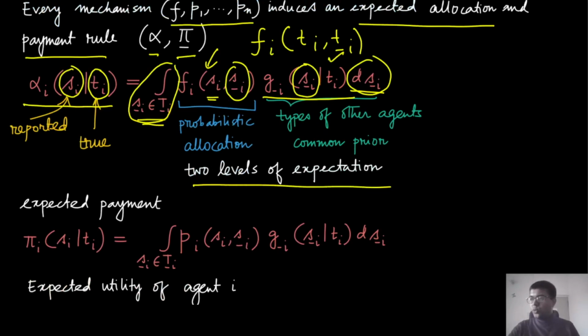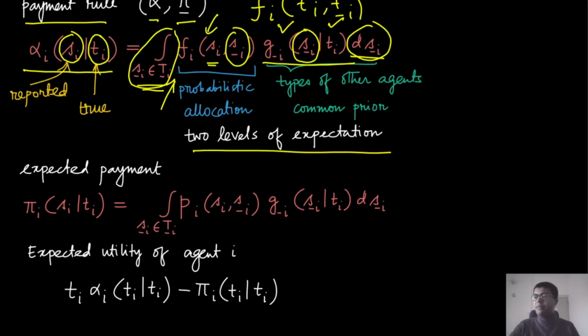One expectation is with respect to the type itself, because that is also unknown and has a probability distribution over it. The other one is coming from the probabilistic allocation of the original mechanism. So even the object is being allocated in a non-deterministic way. So there is one level of randomization there. The other level is due to the uncertainty in s minus i. So that is the expected allocation.